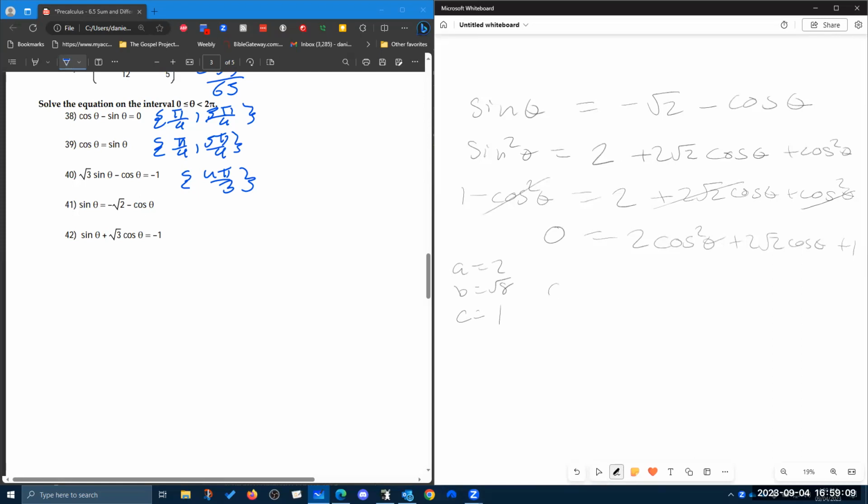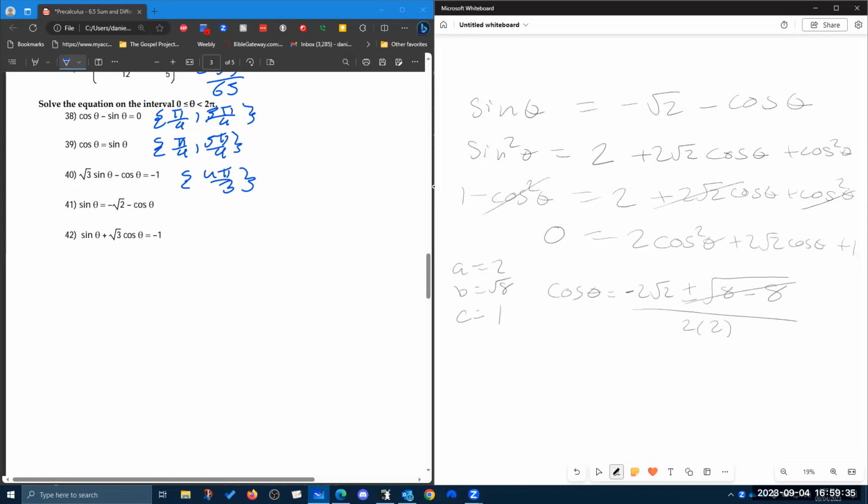So cosine of theta equals negative 2 root 2 plus or minus the square root of 8 minus 4ac, which is going to be an 8, all over 2a.